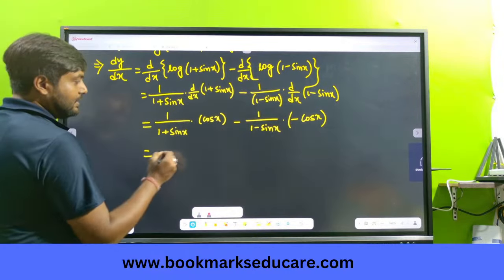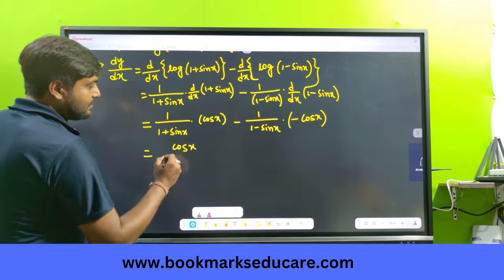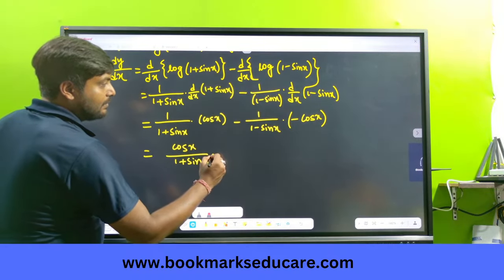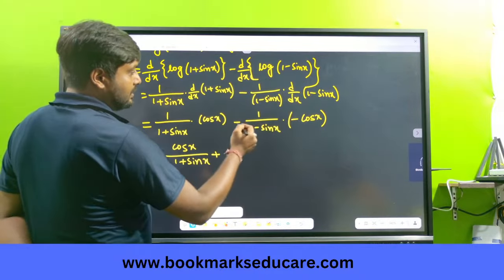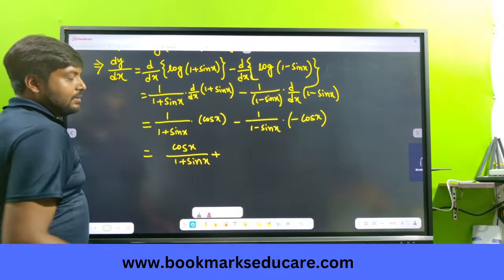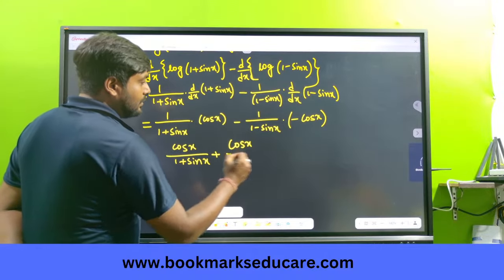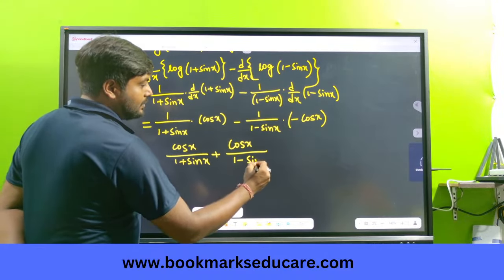So ultimately we will get cos x by (1 plus sin x) plus, as minus and minus will be multiplied to get plus, cos x by (1 minus sin x).